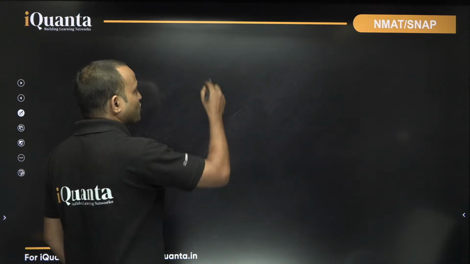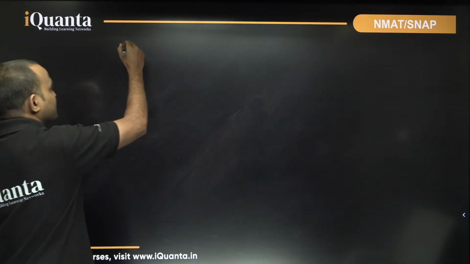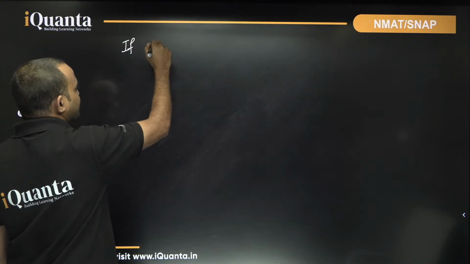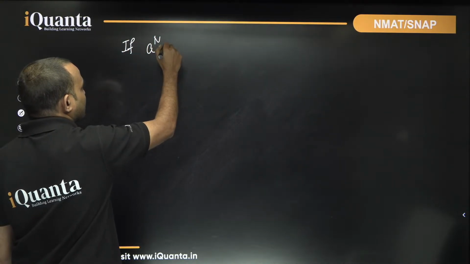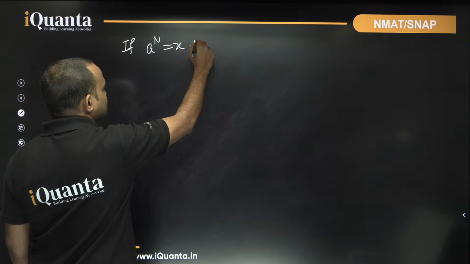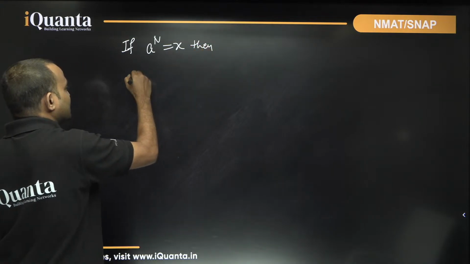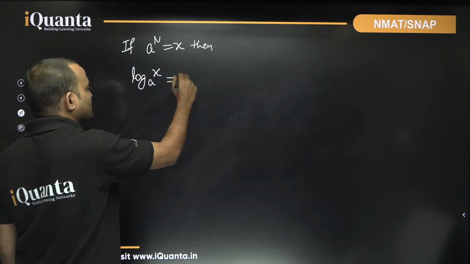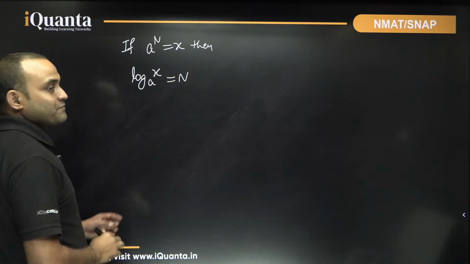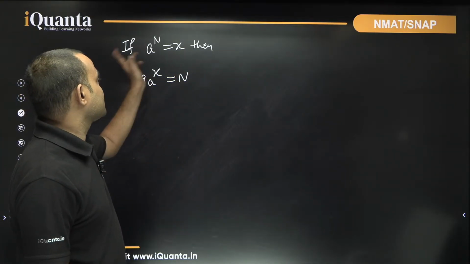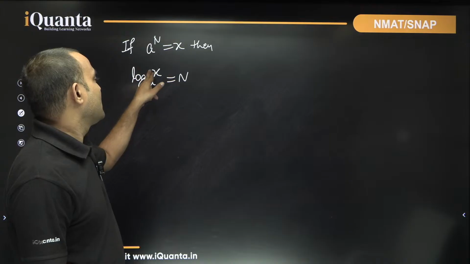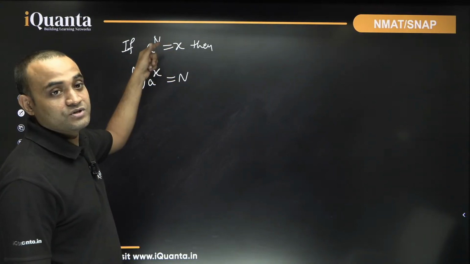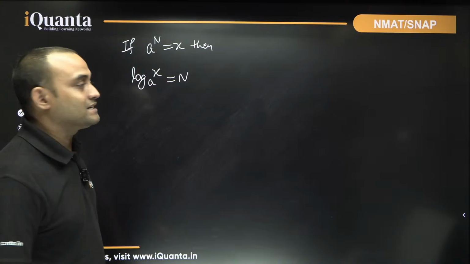One of the most important concepts is the definition of logarithm: if a to the power n is equal to x, then we say that log x to the base a is equal to n. If you want to remove the log, you just need to interchange the position of x and n, and if you want to take the log, again you just exchange the position of x and n.